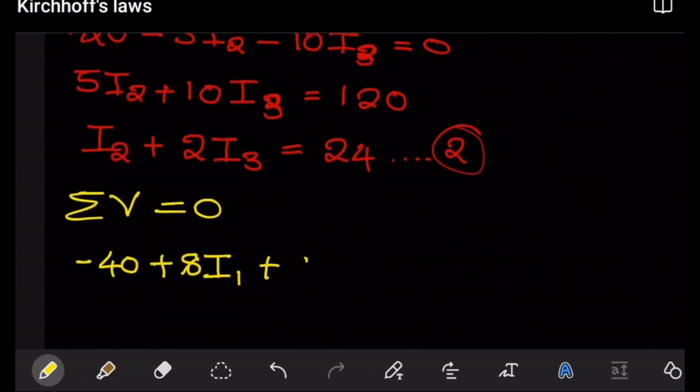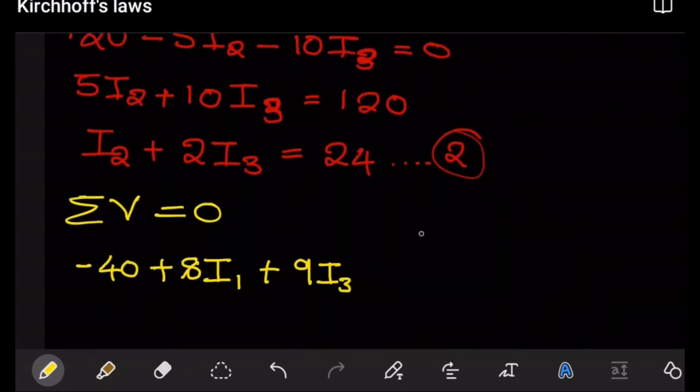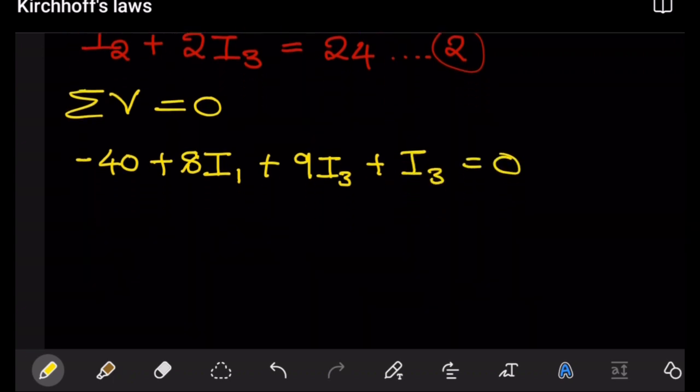The resistance is 9 ohms, the current passing through it is I3, so current times resistance gives us 9 multiplying I3. And lastly, we have the 1 ohm resistor. Again, current is downwards, our loop is upwards, so this is going to be positive again. The resistance, that's 1, multiplying the current passing through it, I3. So this has to be equal to 0.